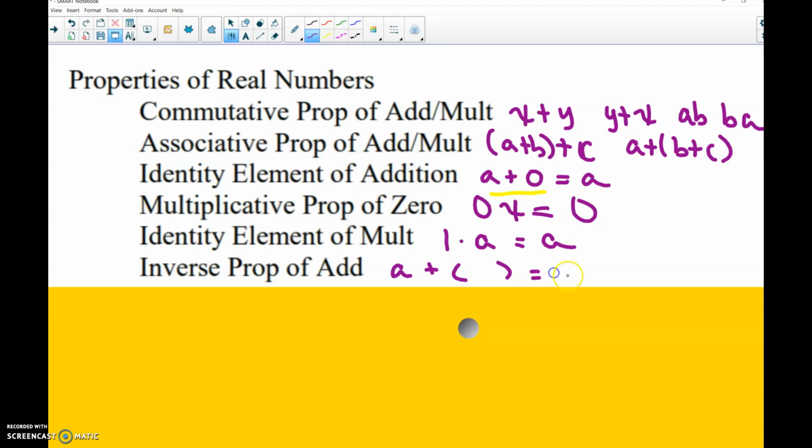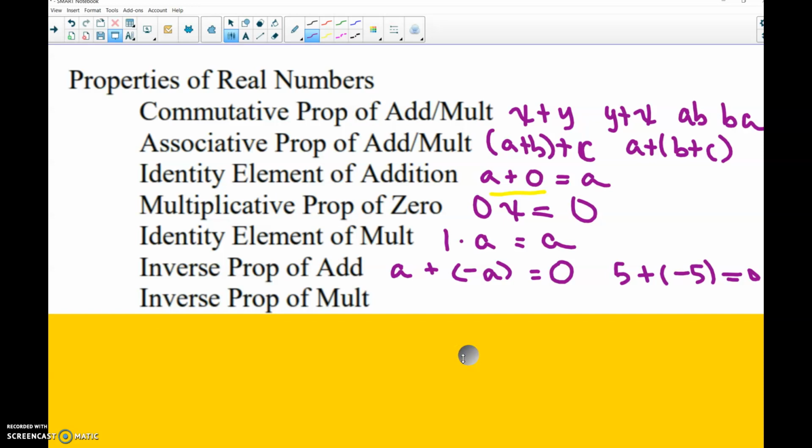For this one, it's going to be negative A, the opposite. Inverse property of addition, you add it to its opposite, negative A. So if you need an example for that one, 5 plus a negative 5 would result in it being 0.